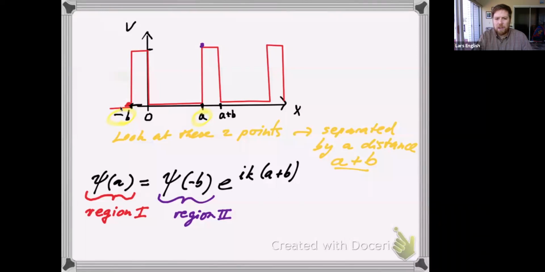And at minus B, region 2. So we're stitching those two points together. Before we were sort of at the same point, one in region 2 and the other in region 1. But now we're stitching 2 points together that are not at the same point, and we're choosing different regions.